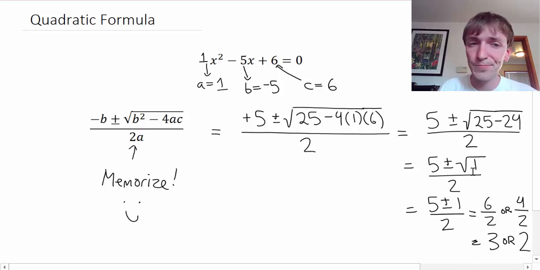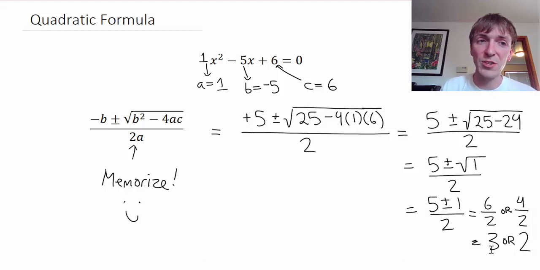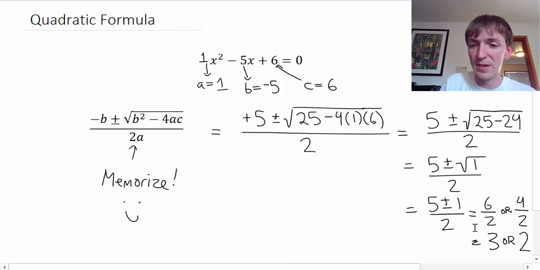Square root of 1 is 1. And then I break it up in the plus and minus into 6 over 2 and 4 over 2. And I end up with the same roots, 3 and 2. Remember, these give you the solutions directly. They don't give you the numbers that go into the factorization, but you can turn this into a factorization by writing it as x minus this number times x minus that number.